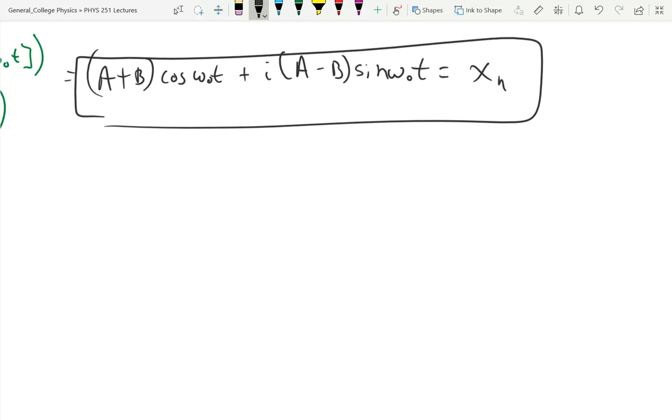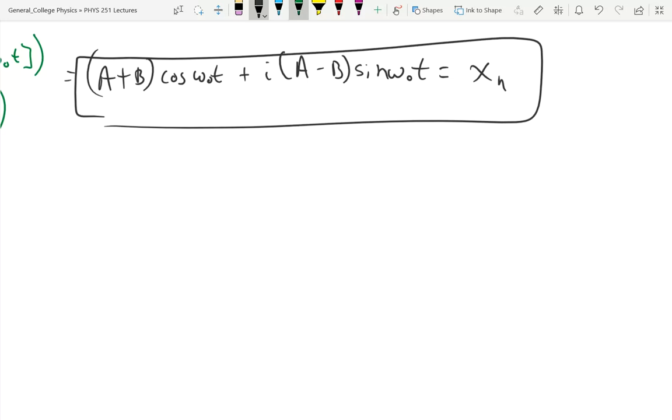Now remember, sine and cosine are real functions, whereas the exponential to an imaginary power is complex. So this is actually nicer because now everything's real. So a plus b has to be a real constant, and i times a minus b has to be a real constant. We could find new constants.